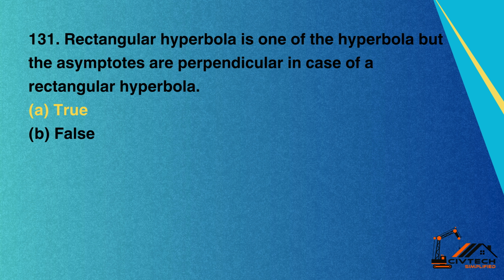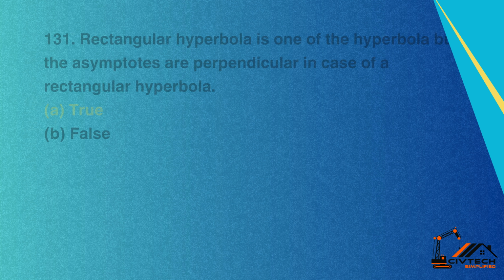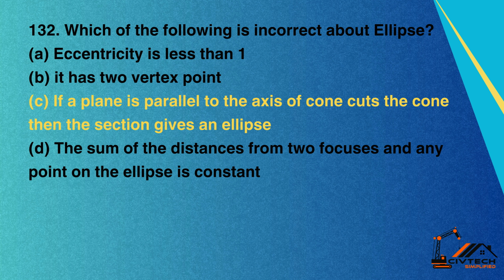131. Rectangular hyperbola is one of the hyperbolas, but the asymptotes are perpendicular in case of a rectangular hyperbola. A. True. B. False. Correct option, a true. 132. Which of the following is incorrect about ellipse? A. Eccentricity is less than 1.